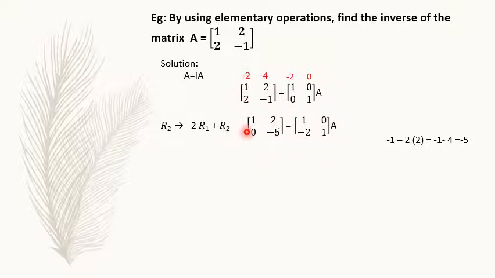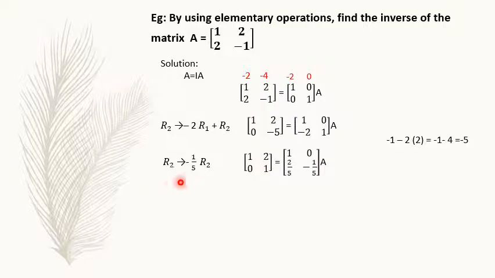So our first task is over. The other element in that entire column becomes 0. Now our task is to convert A22 to 1. How? Here it is minus 5. If we divide minus 5 by minus 5, then this becomes 1.